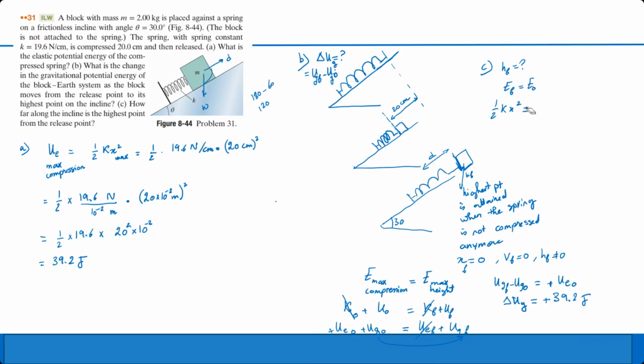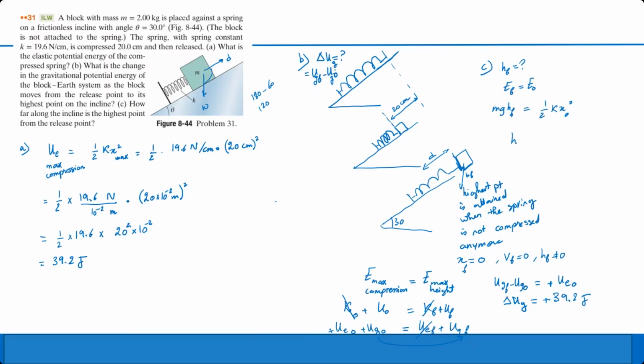The final point is at the right-hand side. At the right-hand side, I don't have any elastic potential energy, right? I just have m g h final. There's no kinetic energy. It's at the maximum height, so the speed is 0. At the initial point, I only have half k x initial squared. Initially, the compression is 20 centimeters, so I can substitute that.